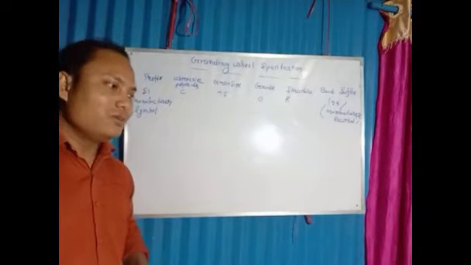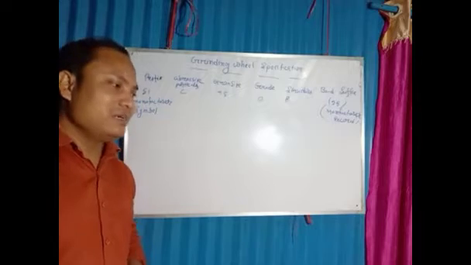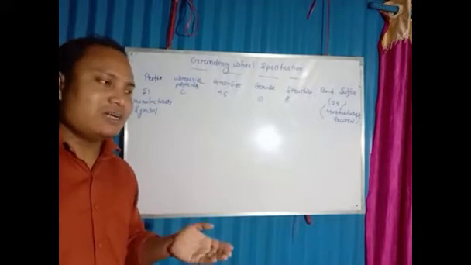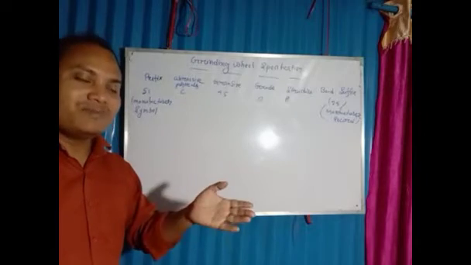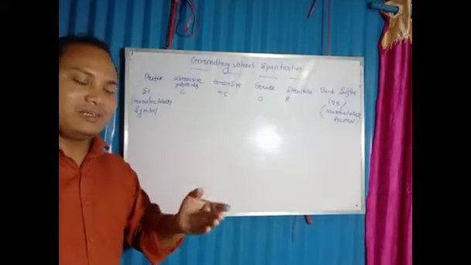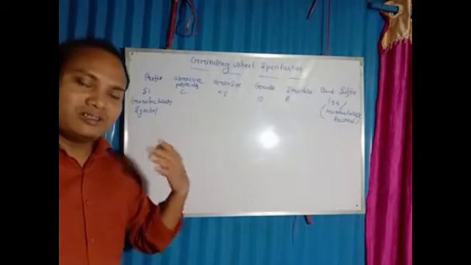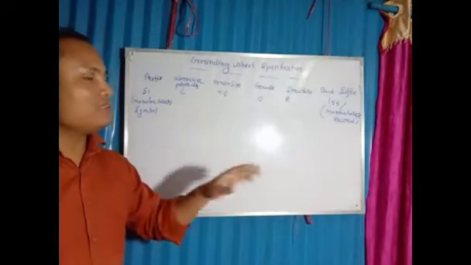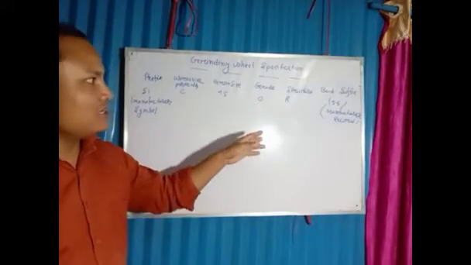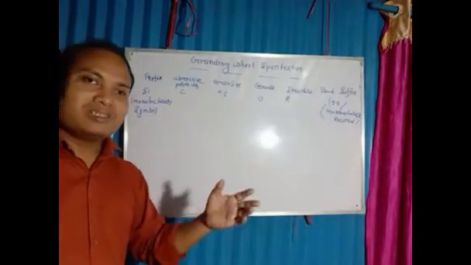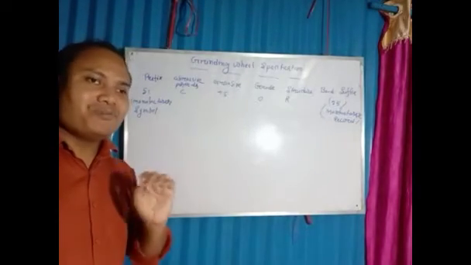So if you have to specify it, you have to state its abrasive particles type, its grain size, its structure, and its bonding material. You have to identify all of these.